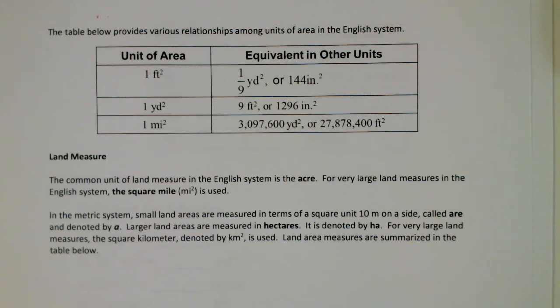Keep in mind, a foot is 1/3 of a yard. If you square the 1/3, that's 1/3 times itself, you'll get 1/9. And also 1 foot is 12 inches. If you square the 12 inches, you'll get 144 square inches.